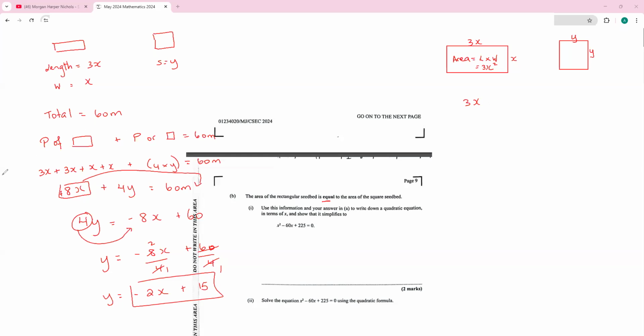So it will be 3x squared for the area of that one. And then for y, the area of the square. The area of a square is side by side. So that will be y by y, which is y squared.